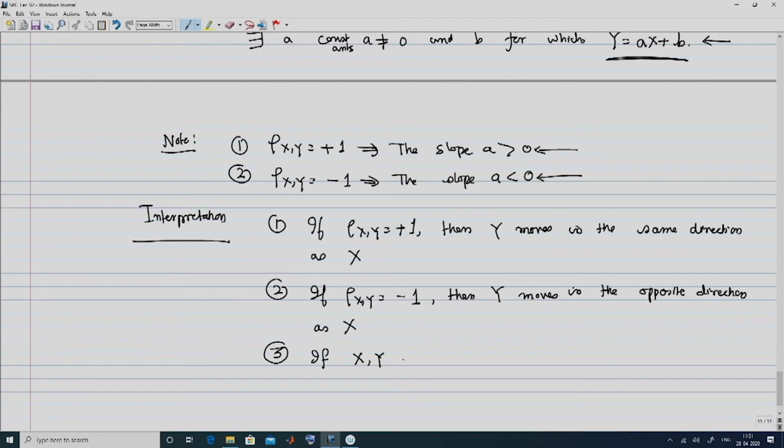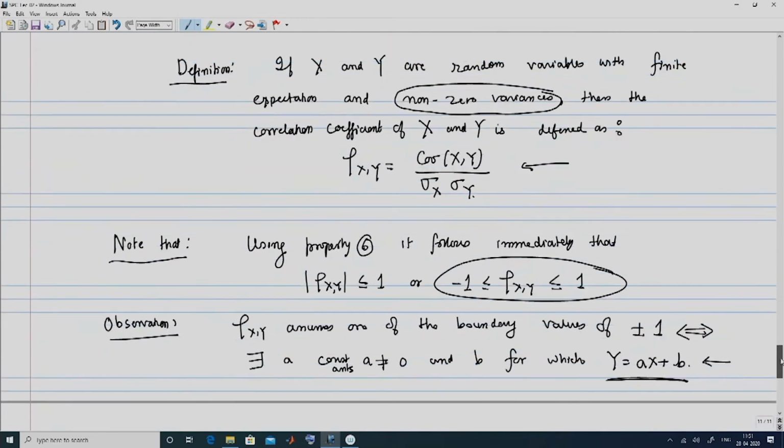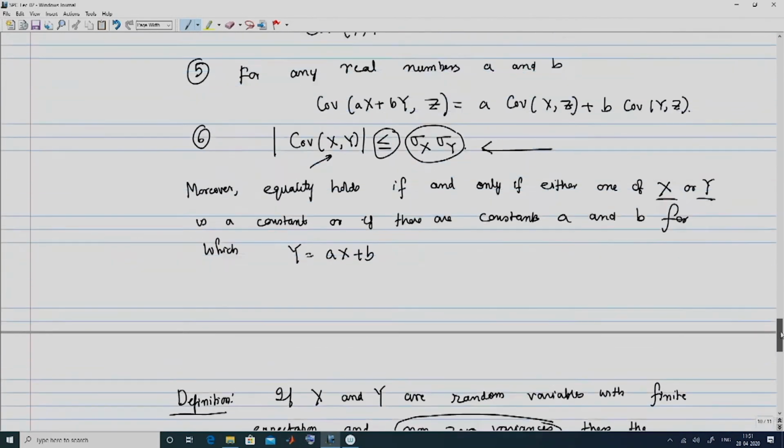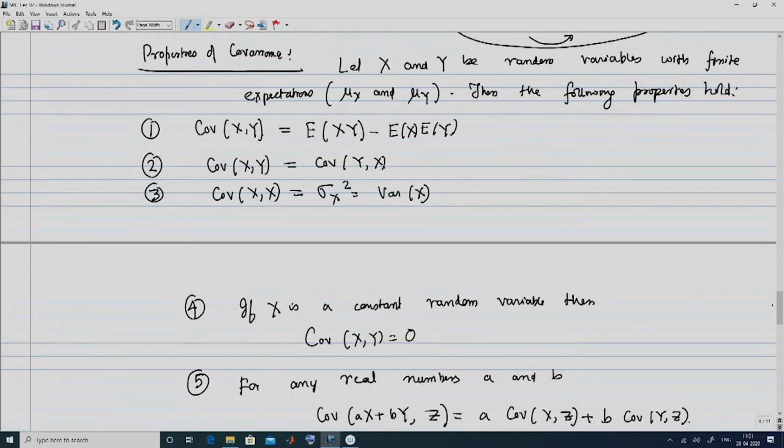One last interpretation remains, and this is again in terms of independence. If X and Y are independent, then rho XY is equal to 0. It is obvious because if they are independent of each other, then covariance of XY, remember that we had this property that covariance of XY is equal to E[XY] minus E[X] into E[Y].